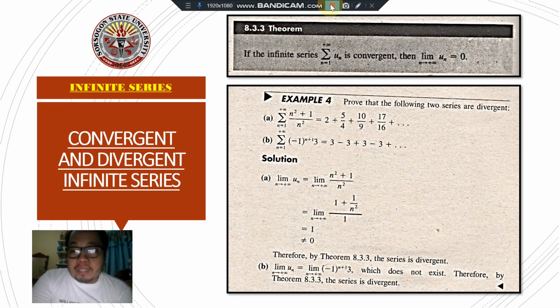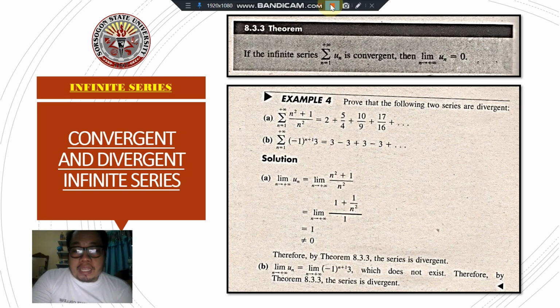Now, having the limit of n squared plus 1 over n squared, since that is the given u sub n for letter A, as n approaches positive infinity, that becomes the limit of 1 plus 1 over n squared over 1. That is by dividing each term in both the numerator and denominator of u sub n by n squared.